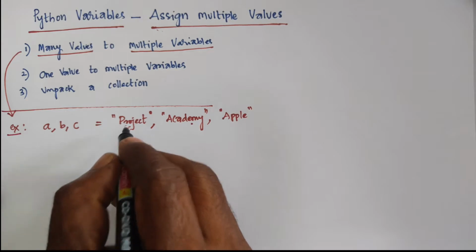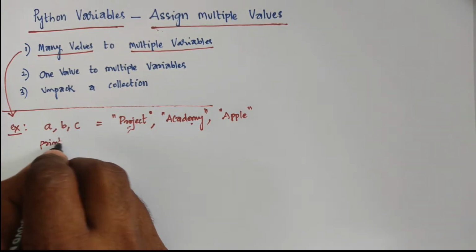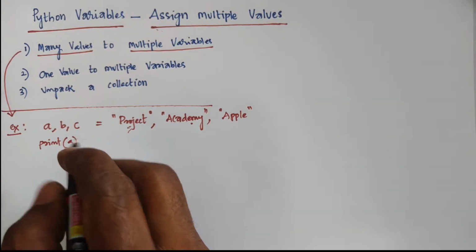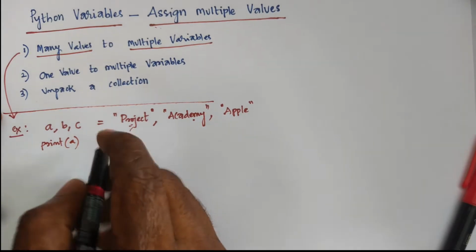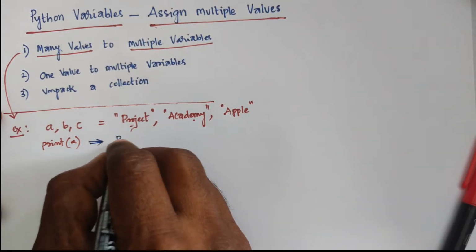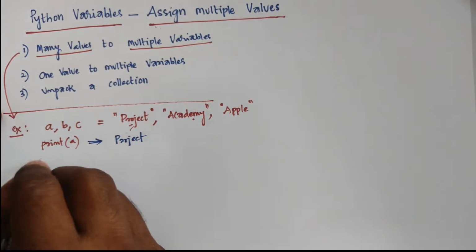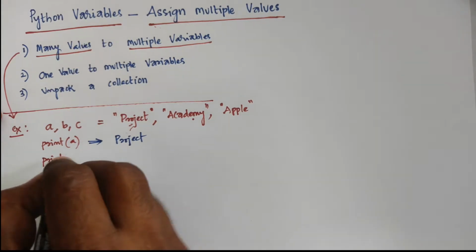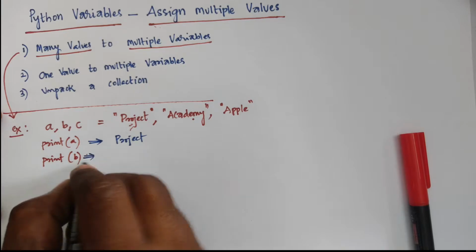After execution of this instruction, you can check with print of a. You will get the result: project. Next, if you write print b, you will get the result: academy.